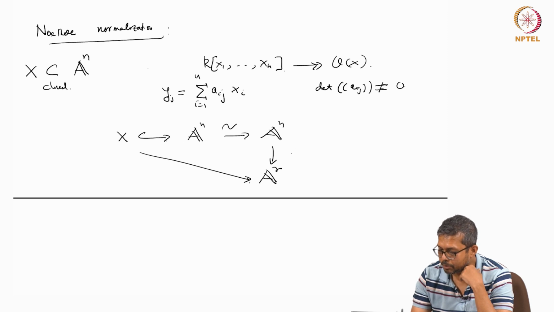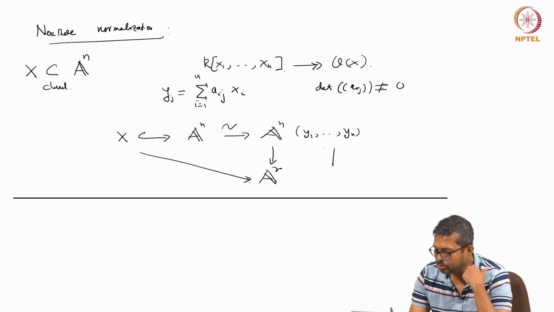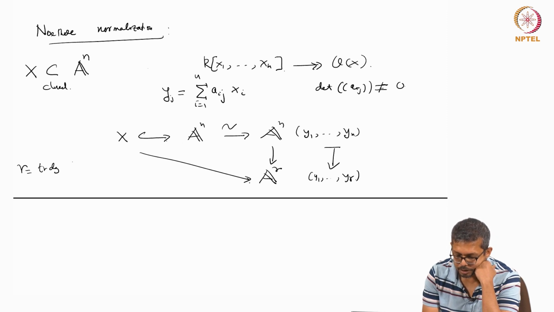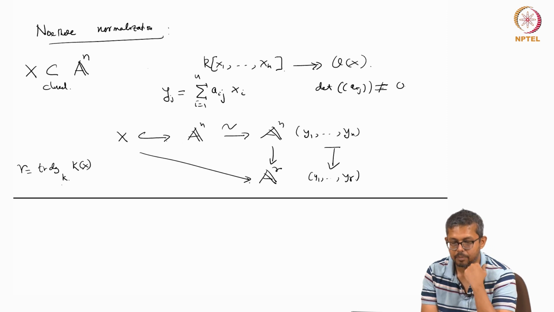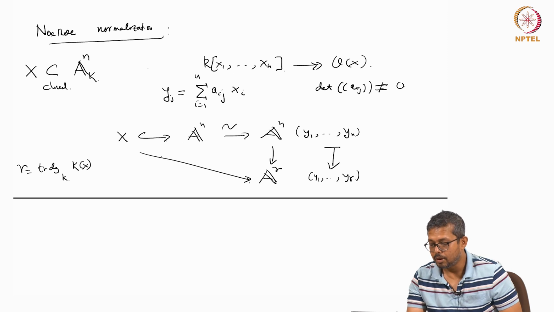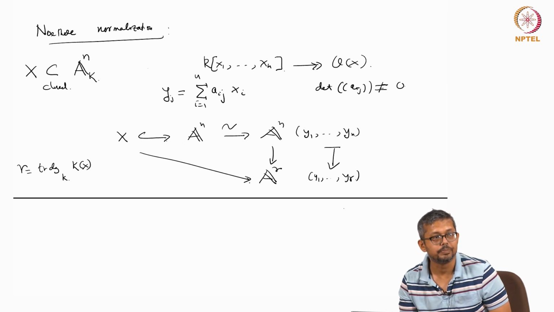And this is the projection map (y1, ..., yn) goes to (y1, y2, ..., yr). And this r is special. r is nothing but the dimension of X, or the transcendence degree of the function field k(X) over k. Right, this is just the projection map.